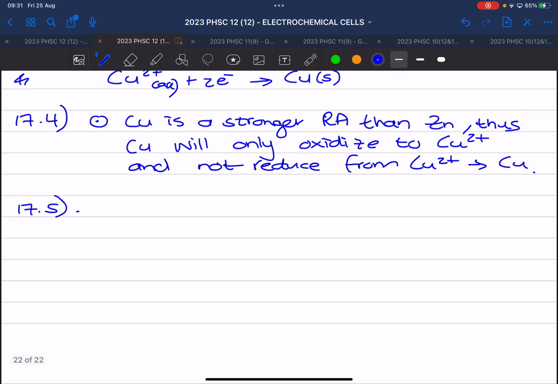Okay. So they say the moles of electrons are 0.6 moles, and they want to know the mass of specifically the copper that will form.